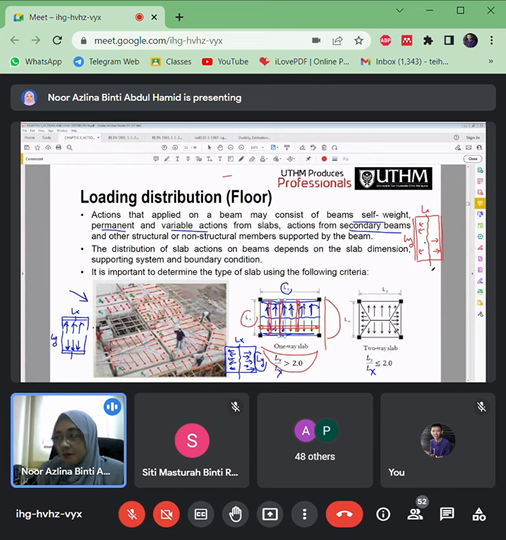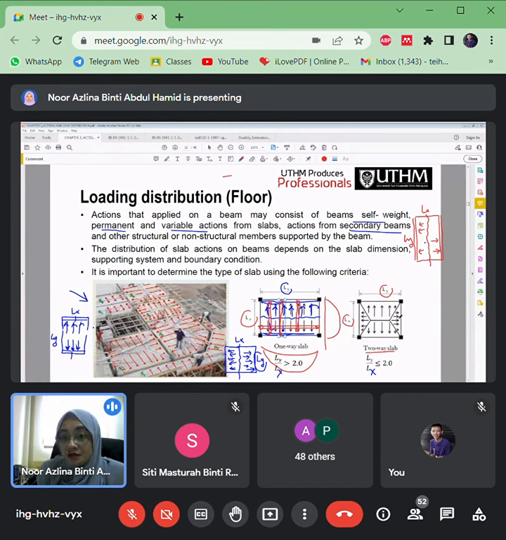Alright, for two-way slabs, Ly divided by Lx is less than or equal to 2 here. We still have a longer span Ly and a short span Lx. How do we do the mapping for each distribution?